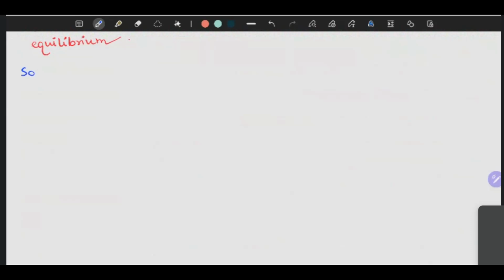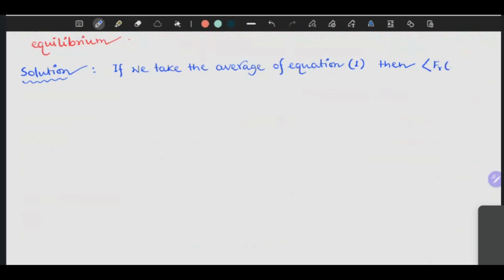Solution: if we take the average of equation 1, then this random force term becomes 0.